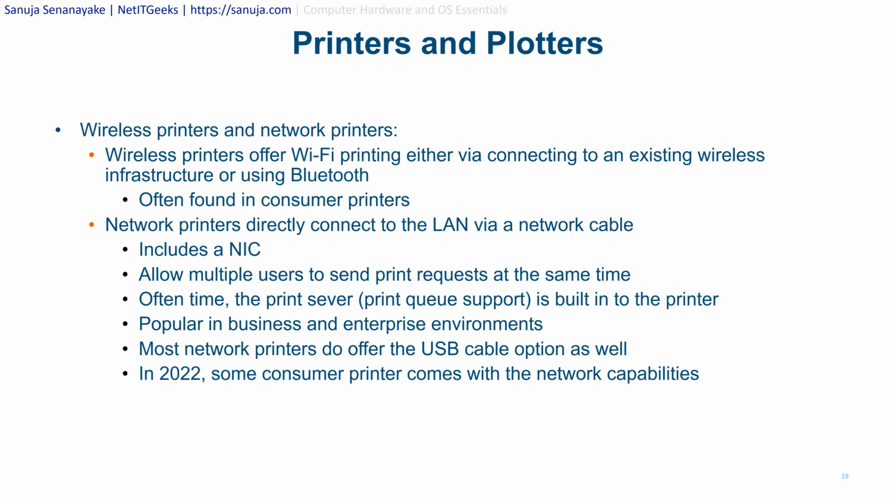So what's the difference between a wireless infrastructure and direct printing? Well, with wireless infrastructure, the printer connects to your home or office wireless network, and then everybody in the office can print across that wireless network or LAN connection to your printer. Direct Wi-Fi printing is basically when you have a cell phone or a mobile device, which is not described on this slide, and you directly print from your mobile device to the printer using your Wi-Fi connection.